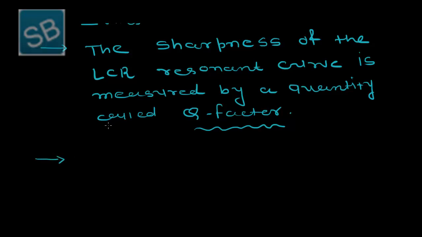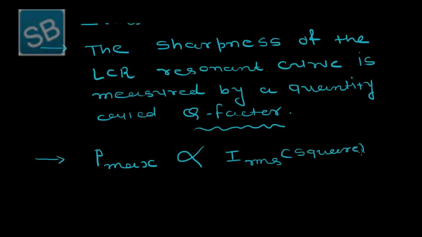Whenever you connect the circuit, the maximum power flowing through the circuit is directly proportional to the maximum value of RMS current and its square. So the maximum power is proportional to the square of the maximum RMS current. Here the word maximum will come.